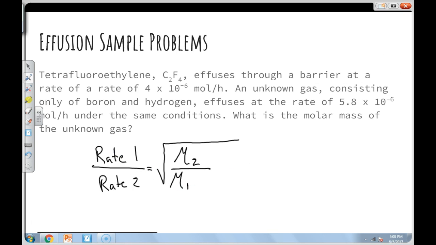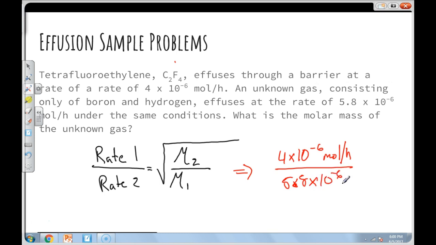I'm going to call tetrafluoroethylene gas 1, and we're given a rate of 4 times 10 to the minus 6 moles per hour, divided by some compound that we don't know, the unknown, 5.8 times 10 to the minus 6 moles per hour.